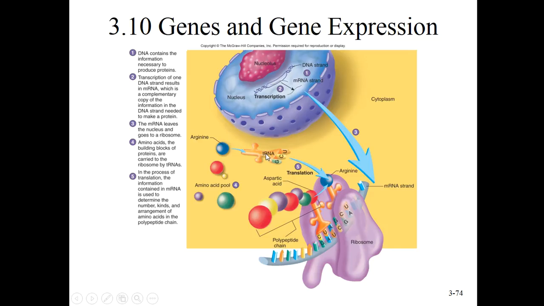The transfer RNA have 3 letters on the bottom called an anti-codon, G, C, U. And on the other end, they will bind to only one of the 20 amino acids. So this tRNA always has the same code on the bottom, and it always carries arginine. This different transfer RNA has a different code on the bottom, and it always carries aspartic acid.